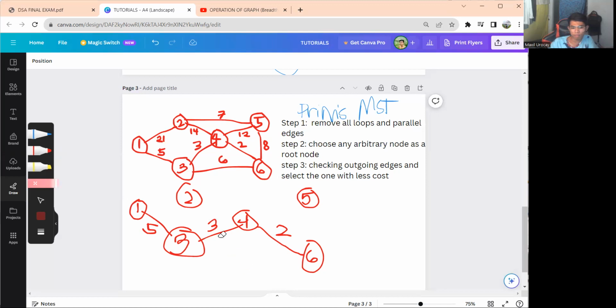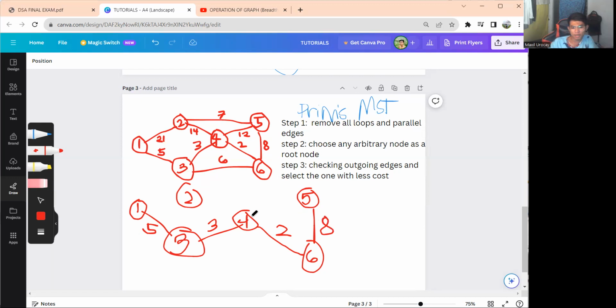So 3 to 4 is our path to follow. And 4 to 6 is number 2. That's absolutely a small value. Then continue to 6. 6 to 3 is 6, which would also include a cycle. 6 to 5 is not a cycle, but the value is small, so you can go right there.